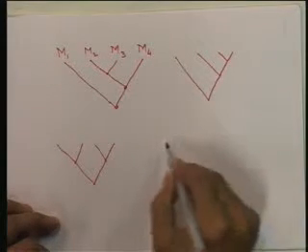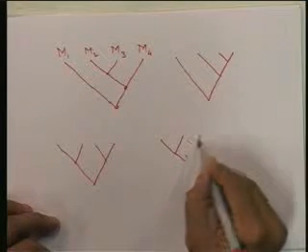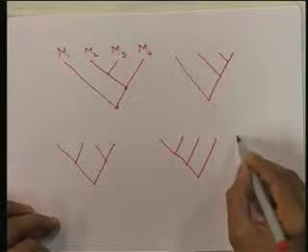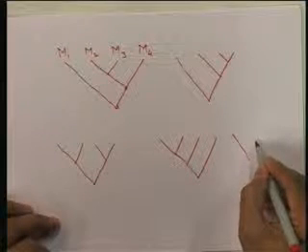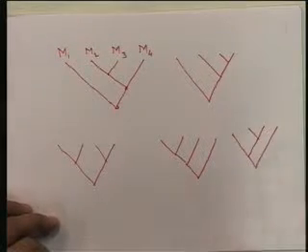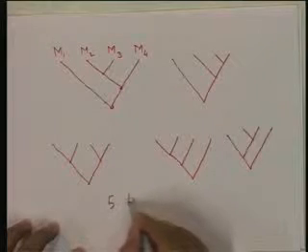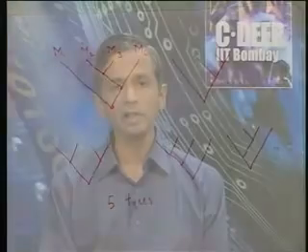And then we also have things like this, and also this. In this case it turns out that there are 5 trees in which M1, M2, M3, M4 can be the leaves, and therefore 5 ways of parenthesizing this product.